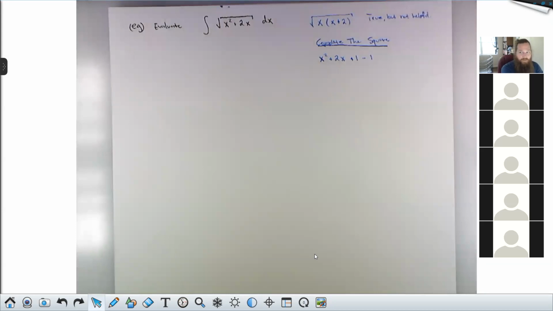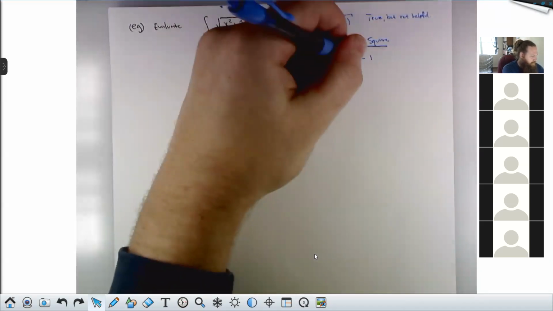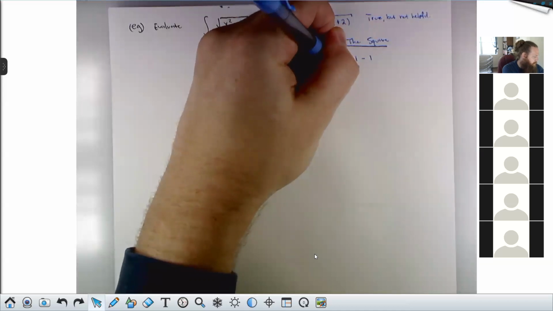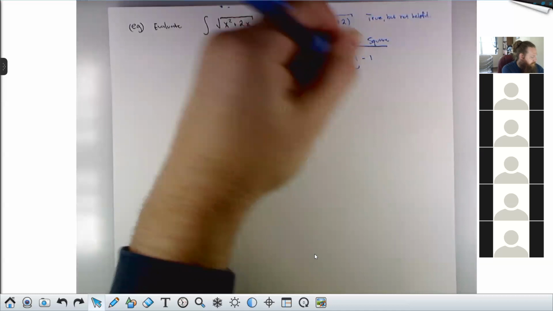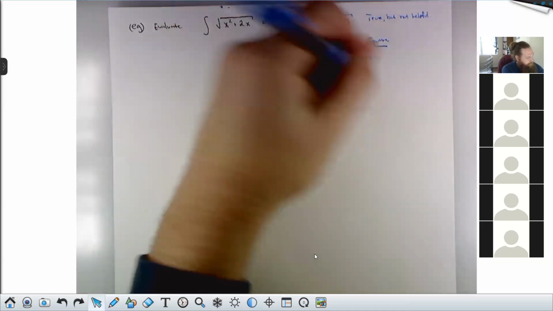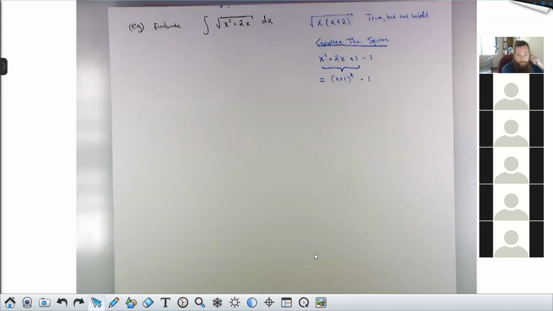Multiply by 1, add 0. I'm just adding 0 in a way that is suggestive and useful, because I know that x squared plus 2x plus 1 is a perfect square. That's x plus 1 squared. And this minus 1 is this minus 1.